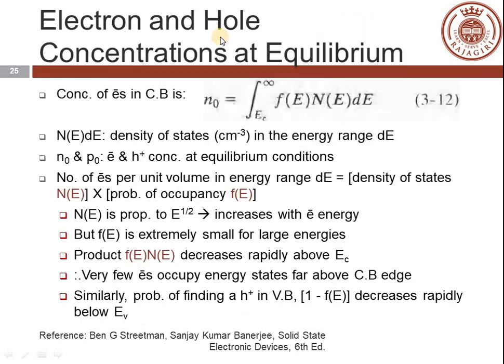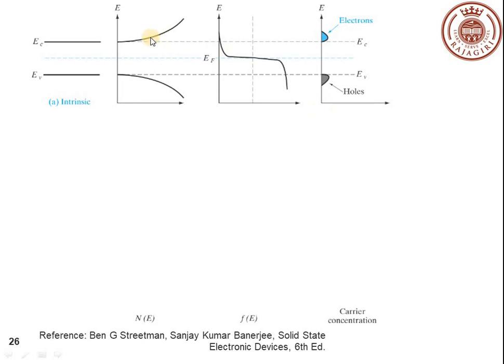Now in the previous slide we said the concentration of electrons is given by f of E into n of E. So that is this value into this value, so that distribution is shown over here. Also, hole concentration, this value into this value, as shown over here. For intrinsic semiconductor, the concentration of electrons and holes are same.